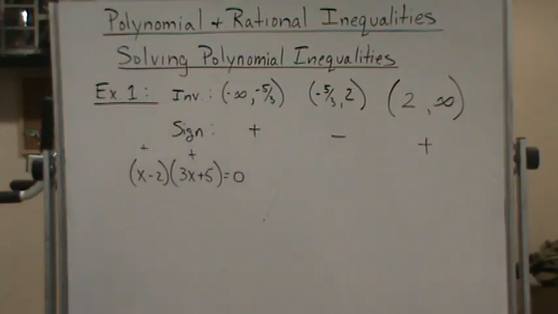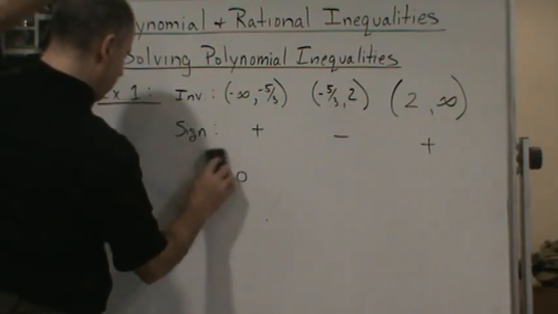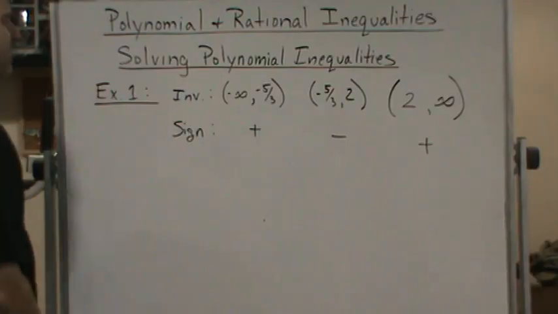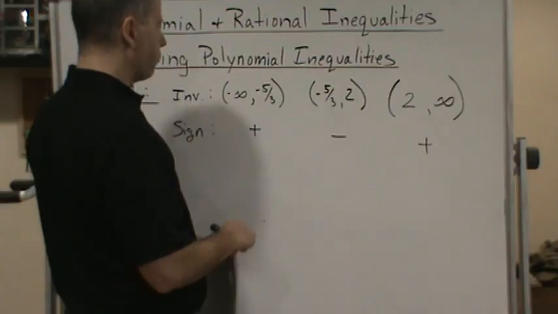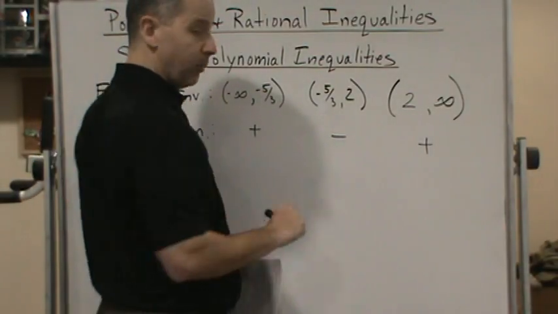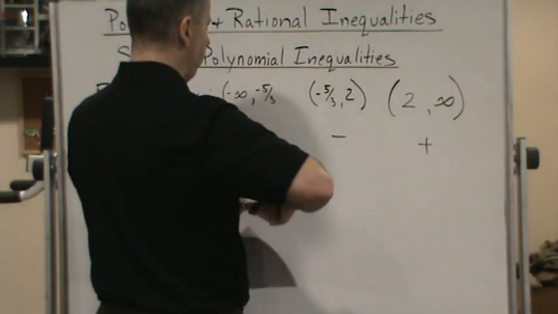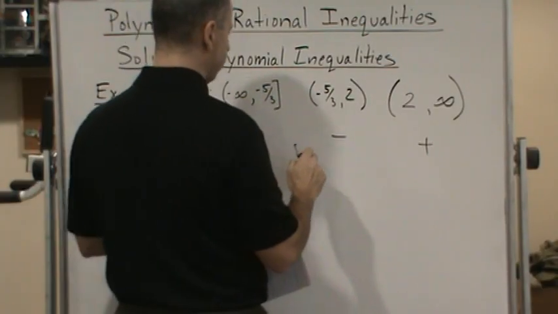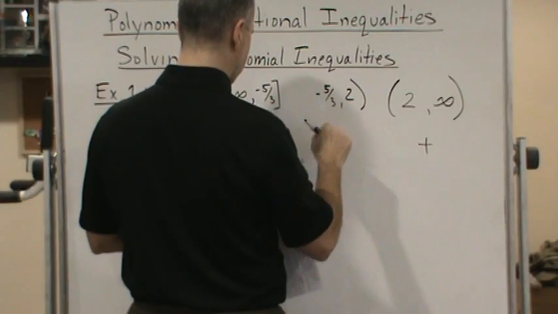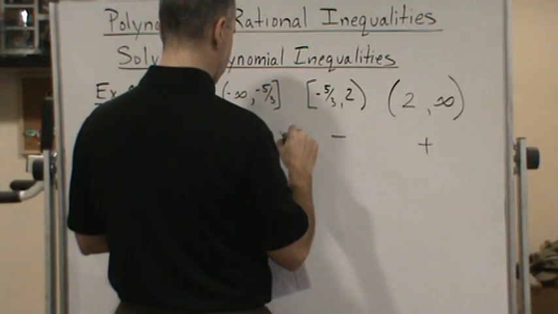All right, now, in this case here, because we're dealing with a polynomial, the zeros are included in our solution set. They're not restricted values, okay?